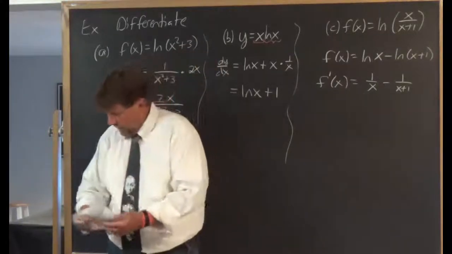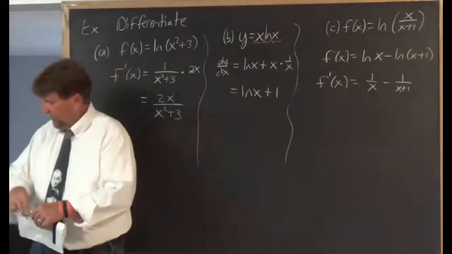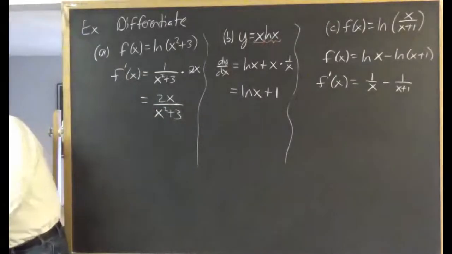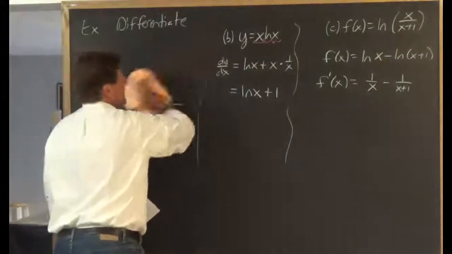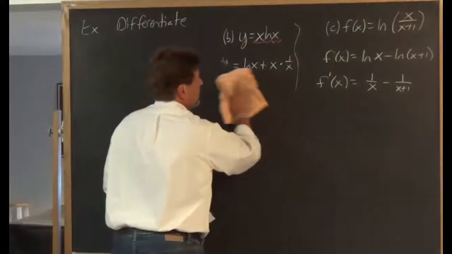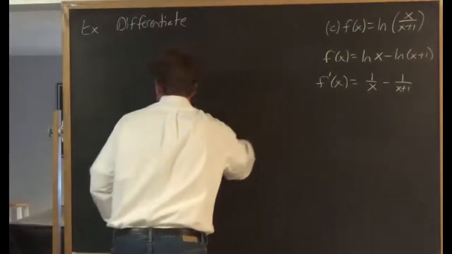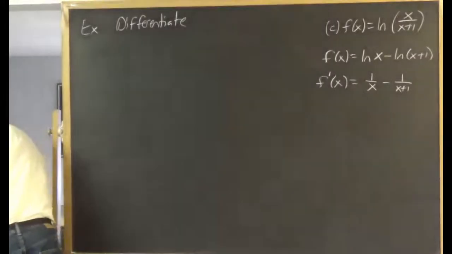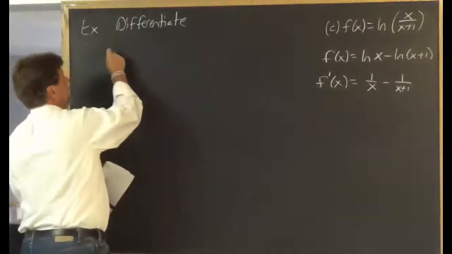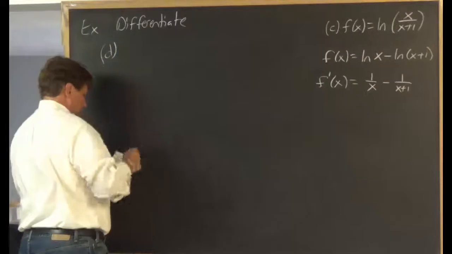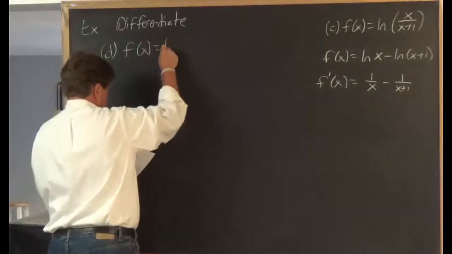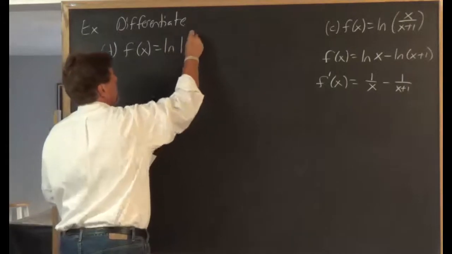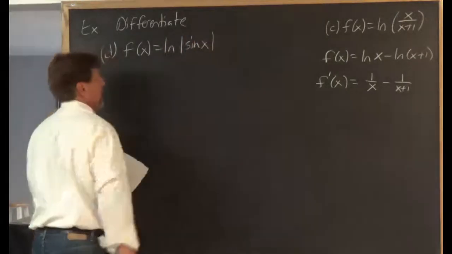And, oh, there's a part D. Almost forgot, so bear with me. Let me erase some stuff here so I can get part D up here on the board. So part D, your function is natural log absolute value of sine x.